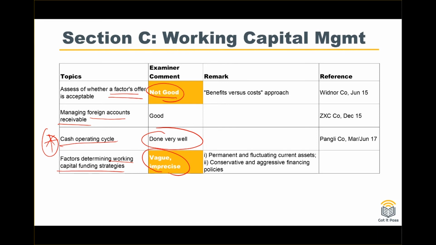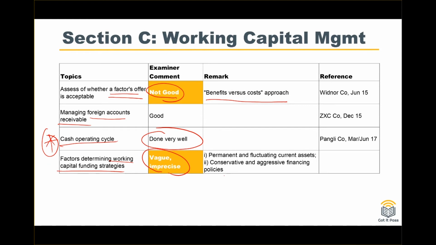But for some less well-prepared questions, like factors and working capital funding strategies, you have to keep in mind that in the past candidates could not answer well, so you have to prepare for these questions, which may happen in the next exam or the one after next. I put a remark here: benefits versus cost approach for factors. You have a factor's offer; whether to take it or not depends on whether the benefit is more than the cost. If the benefit is less, then you don't take the offer; otherwise, you take it.